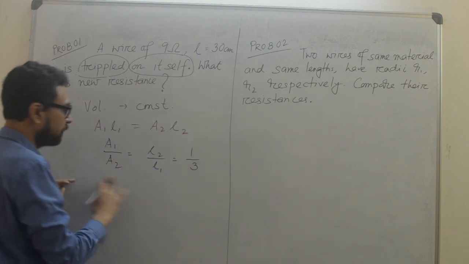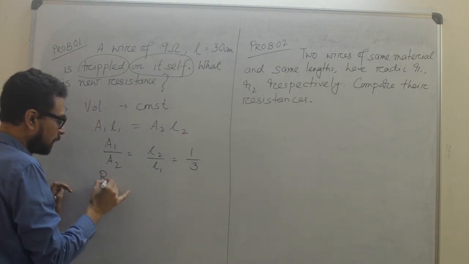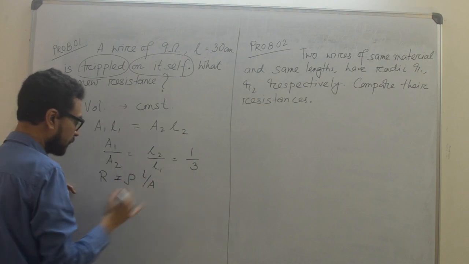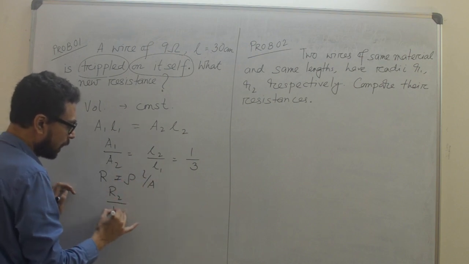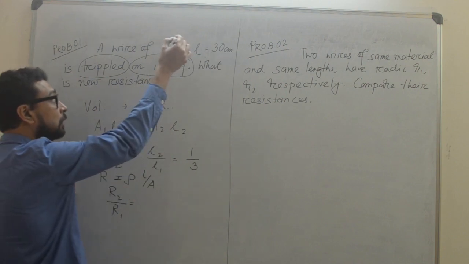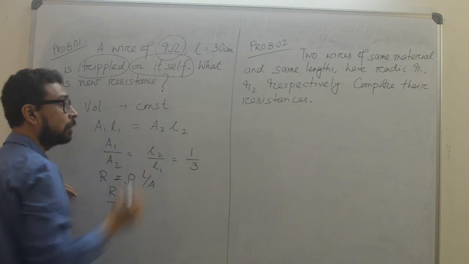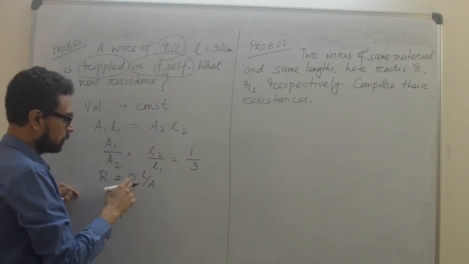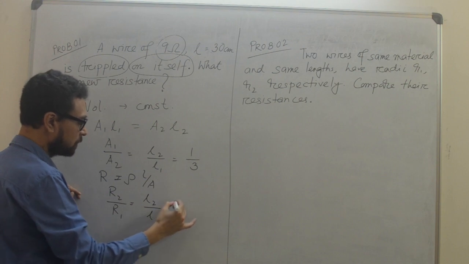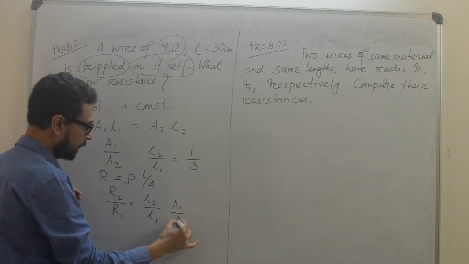Alright, so if it is so, then R is equal to rho L by A. So I can say that R2 by R1, where R2 is the new resistance and R1 is 9 ohm, is equal to what? Rho will get cancelled. So I'll write L2 by L1 into A1 by A2.